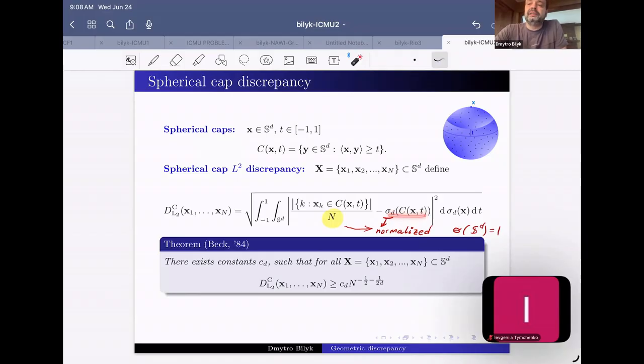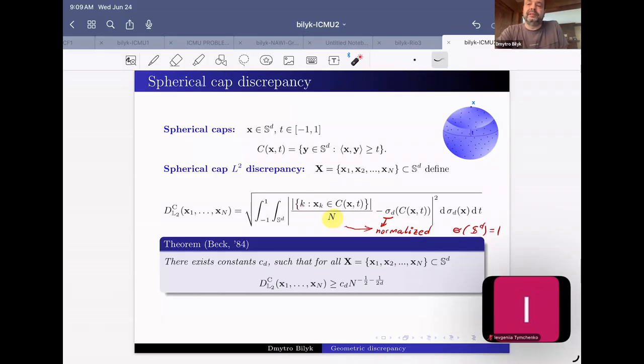And the area is normalized, so that the total area of the sphere is 1. So we just divide by the area of the d-dimensional sphere. Basically, we're comparing two measures of the cap: the normalized Lebesgue measure, normalized surface measure, and the counting measure, or the empirical measure, if you want. So this is the proportion of points.